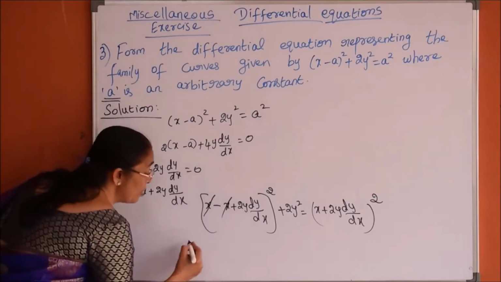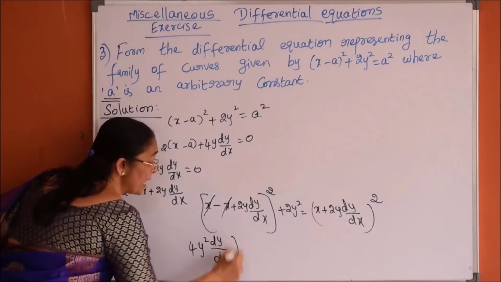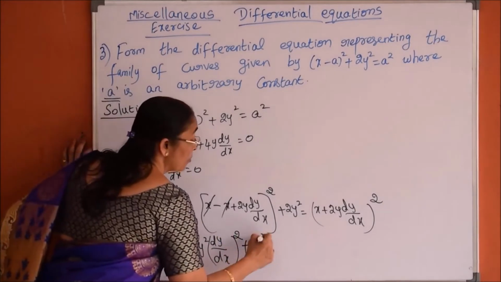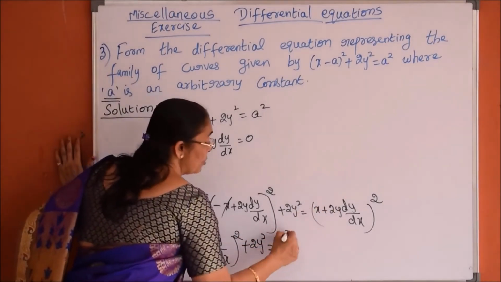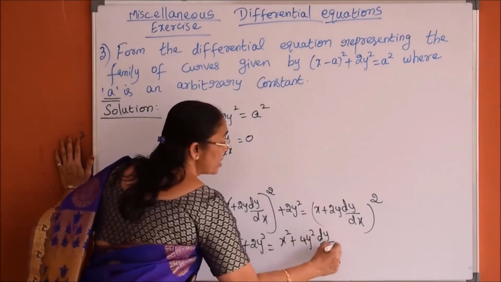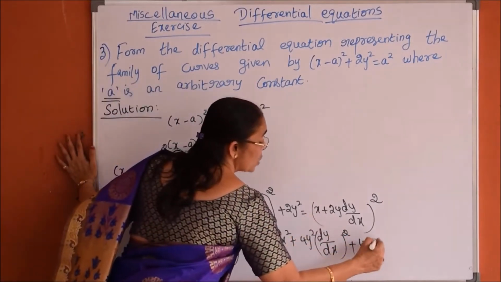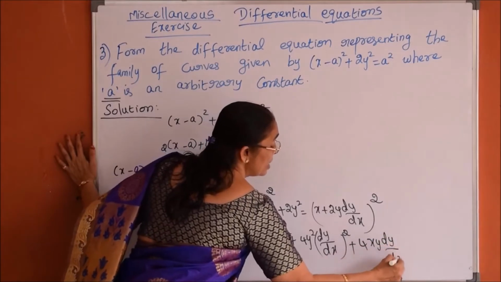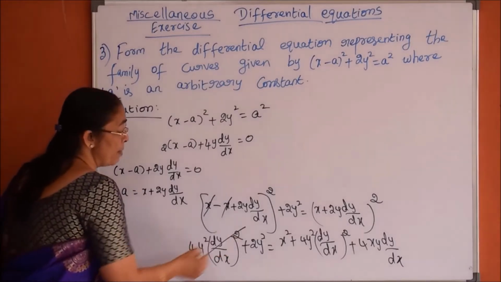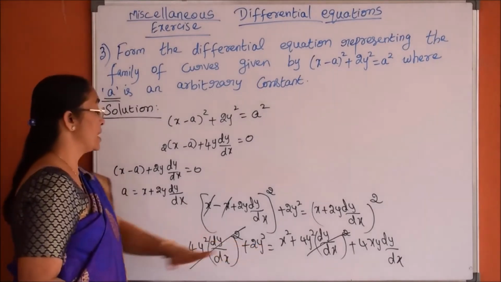We will get (2y dy by dx) whole square, which is 4y square (dy by dx) whole square, plus 2y square is equal to, by the (a plus b) whole square formula, x square plus 4y square (dy by dx) whole square plus the 2ab term, 4xy dy by dx. On both sides the 4y square (dy by dx) whole square term is there, so we can cancel it.